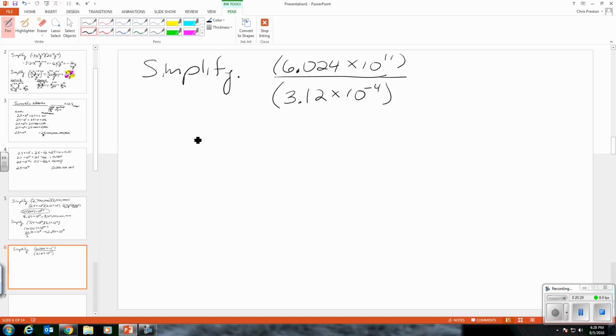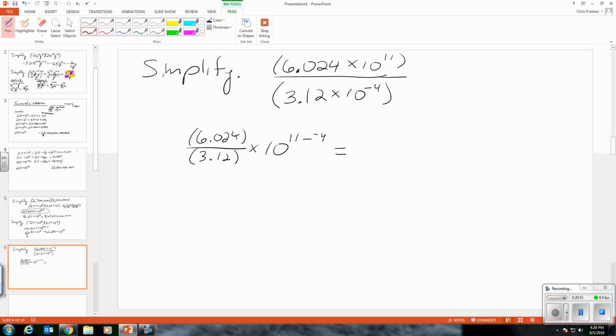Then what we would do is we would take the number parts in front and divide those. And then our answer would be whatever that answer is times 10 to the 11 minus your denominator exponent of your power of 10.